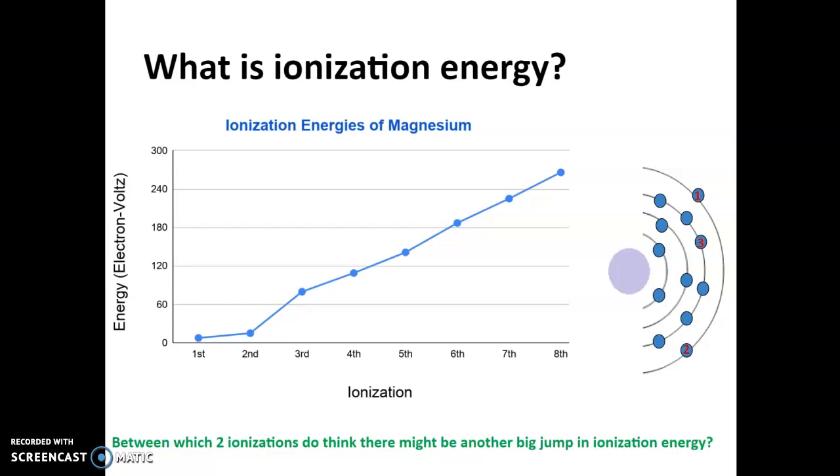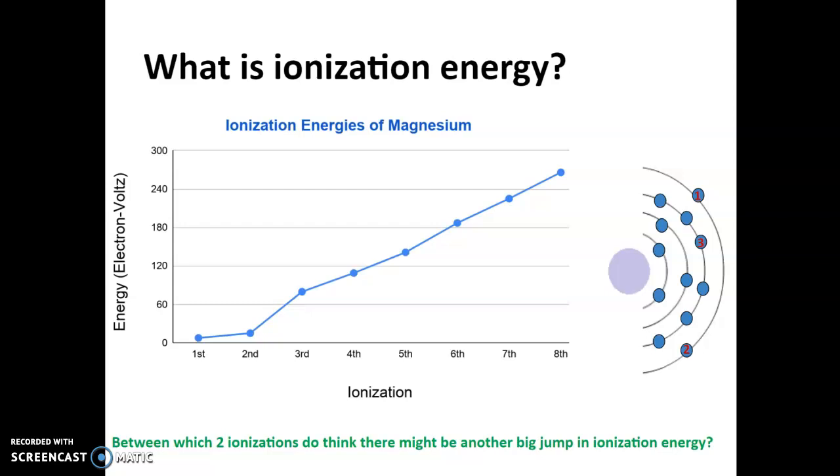And at this point, the atom is energetically stable because it's got that full octet. It's got a full 2p6 rounding out its second energy level.